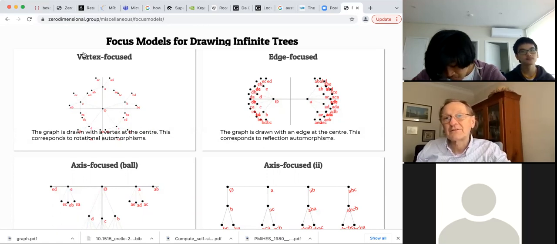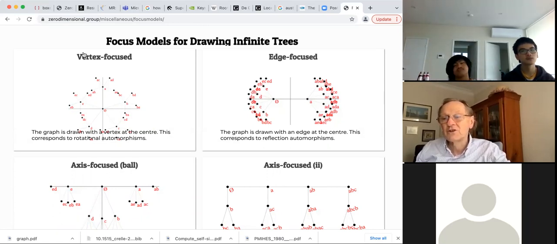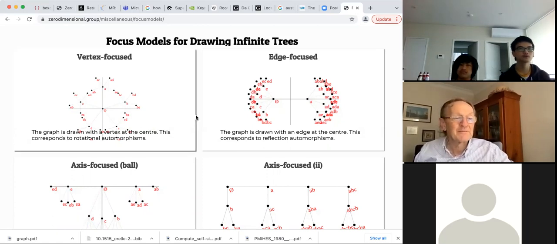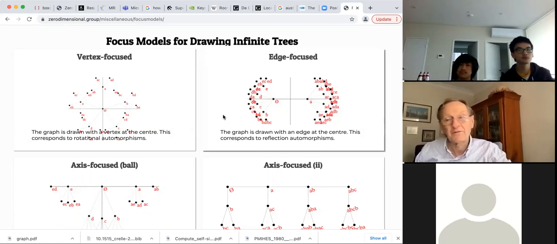And so that is one of the aims of our project, to find ways of identifying the symmetries and drawing the graphs so that they show the symmetries. And the tree is the most basic case. The regular tree is the most basic case, and that's what we're doing here. But there are going to be more complicated ones.